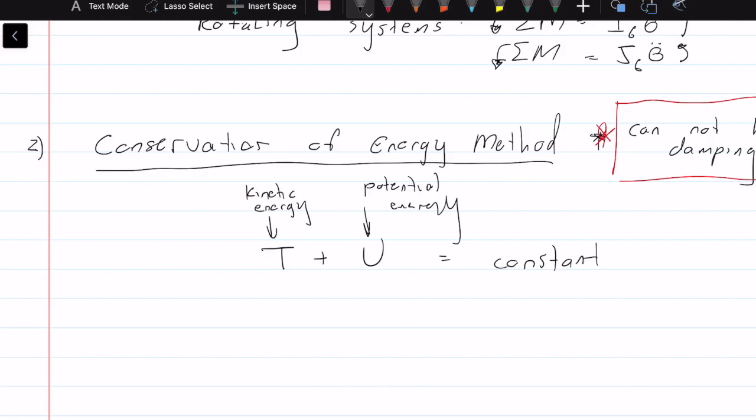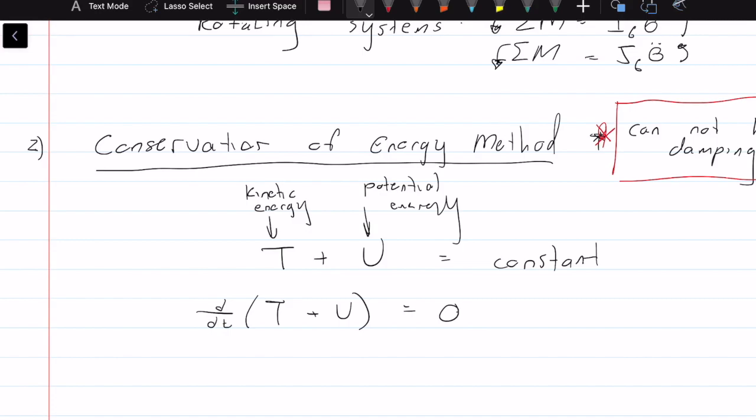Therefore, the time derivative, d/dt, of T plus U must also equal 0. So that's basically it for the conservation of energy method.